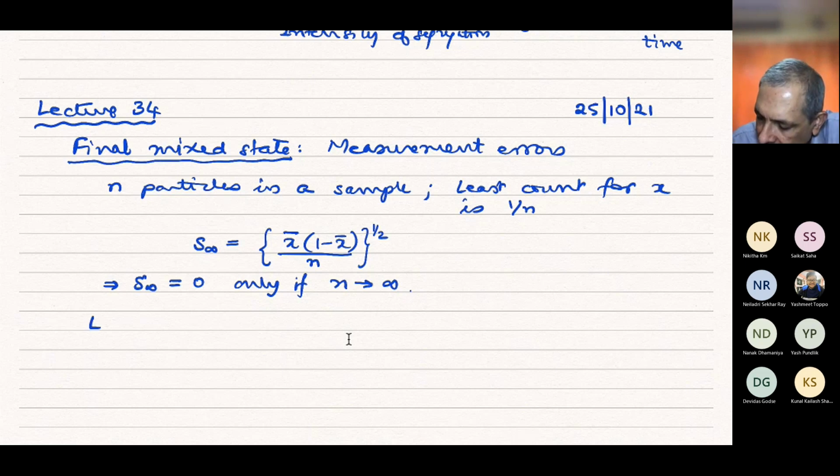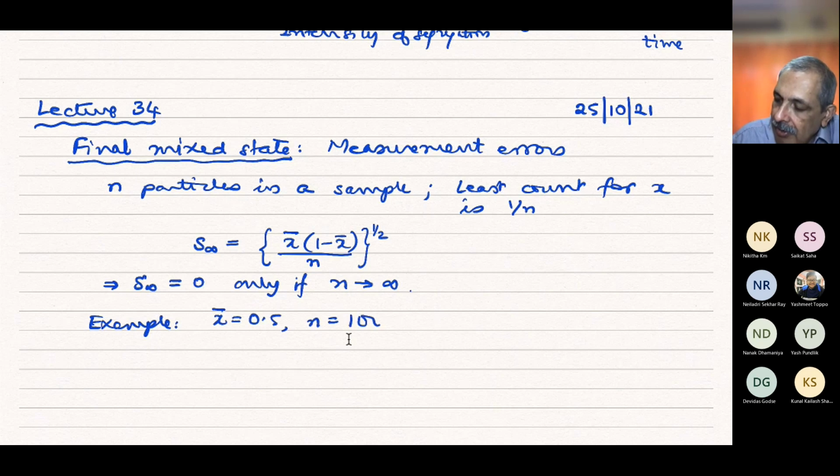And if you just do a simple example calculation, supposing you are given that x bar is equal to 0.5 and n is equal to 100, then this gives us S infinity is just equal to 0.05.